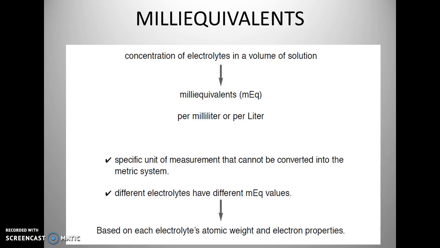It's a specific unit of measurement that cannot be converted into the metric system. Different electrolytes have different milliequivalent values, and this is based on the electrolytes' atomic weights and electron properties. For example, sodium chloride has a milliequivalent of 1, same as something like magnesium sulfate.